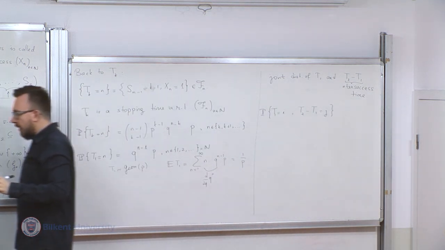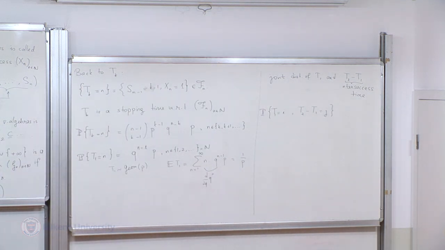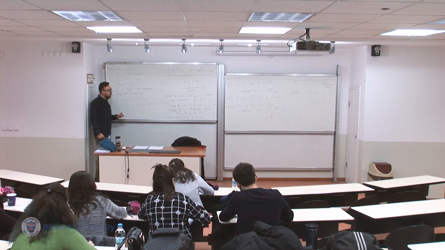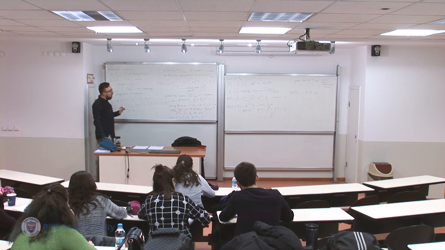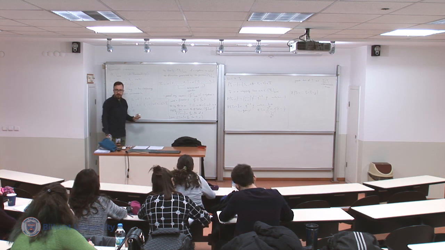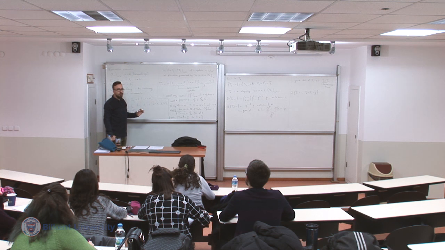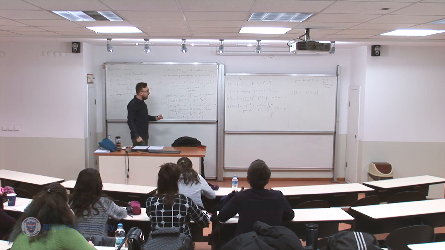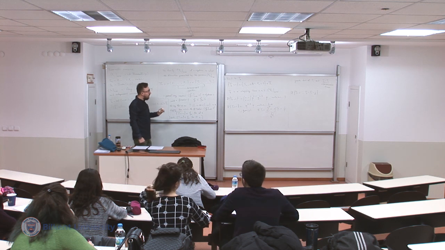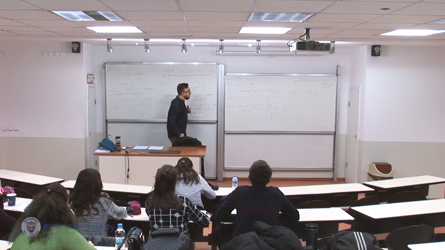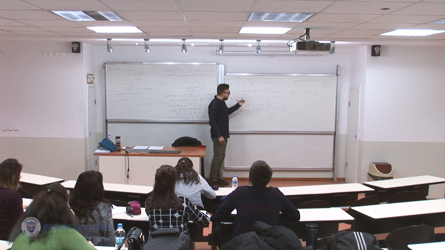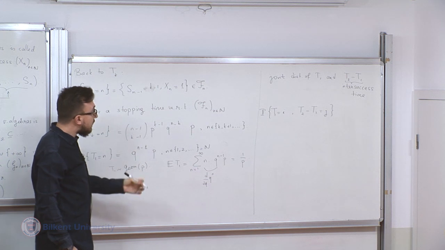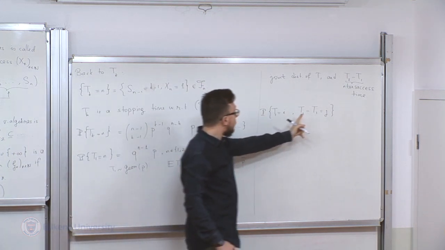So what does that mean? T1 equals i and T2 minus T1 equals j. This means we exactly observe the following situation. We have failure, failure, failure, failure in the first i-1 trials. And then we have a success at the i-th trial. Then we're going to have failure, failure, failure, failure, failure in the next j-1 trials. And then we're going to have a success in the (i+j)-th trial.